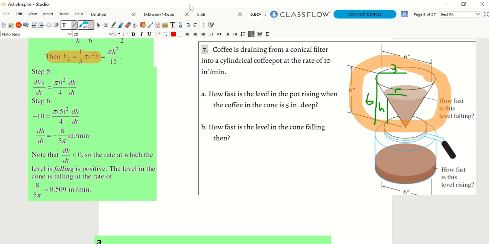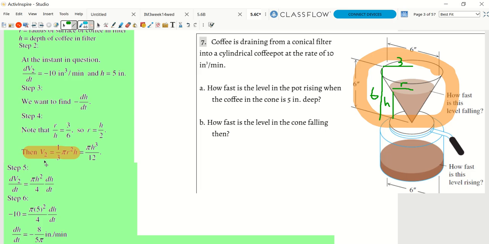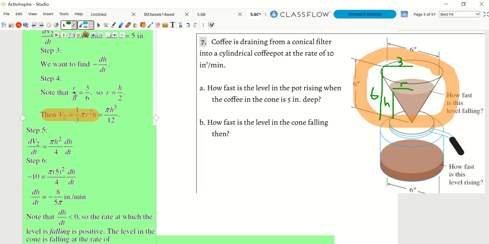Let's see if they wrote that down over here. Yep, r over h is 3 to 6, and when you write r in terms of h, you get h over 2, and then we plug that in. So we plug in h over 2 for r, and we just simplify it and get that right there.